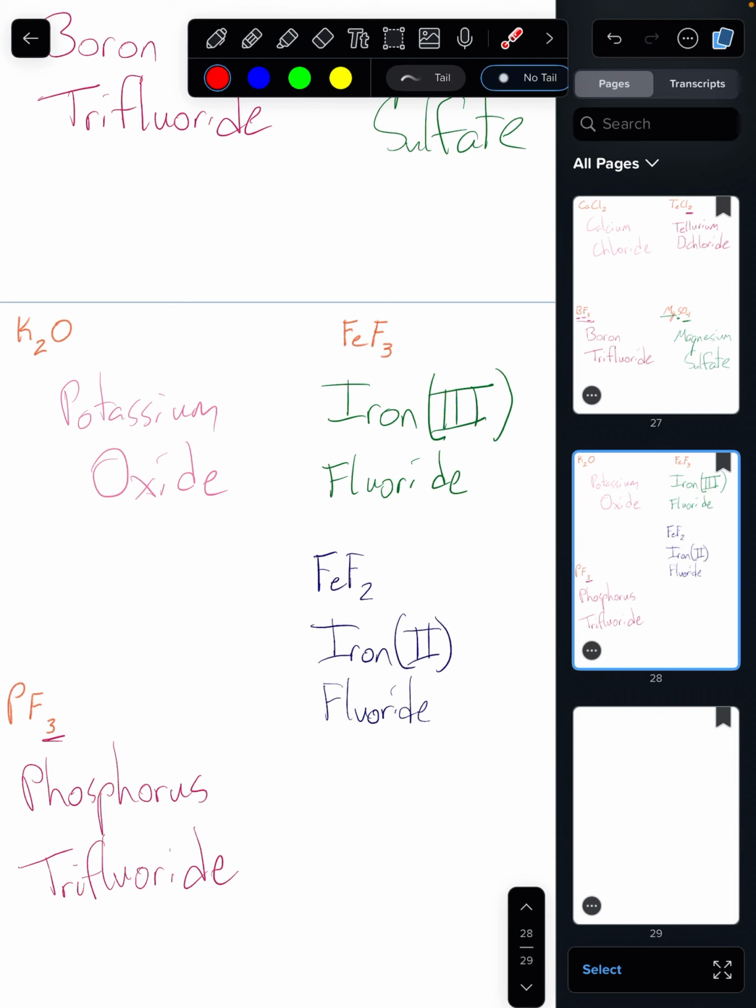So in reality, it would be iron 2 fluoride. So that's why that one has that 3. And I know there's a way to do it around this. I don't remember what though. It's easiest just to memorize that with its name. And so it's kind of just a thing to do. Okay?